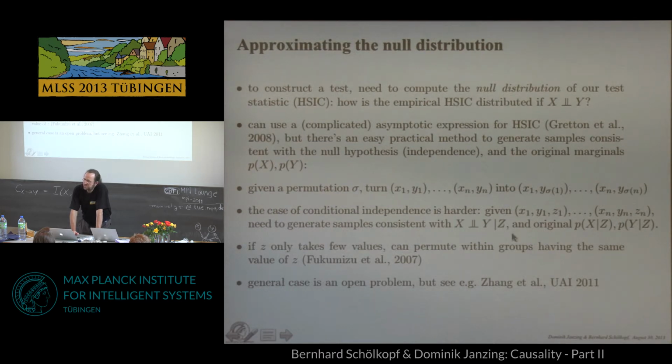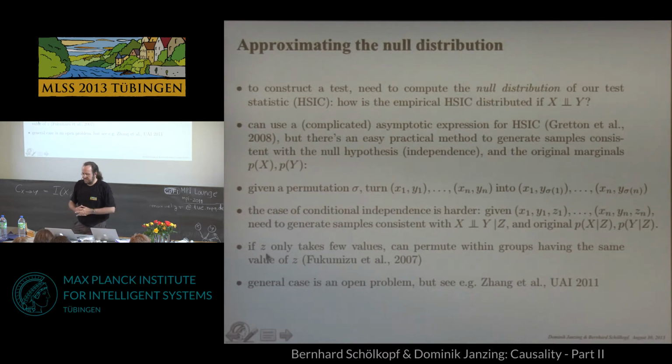But previously we wanted to do it without changing the marginals. This time we want to do it without changing these conditionals, because the question of conditional independence is the question of whether we can factorize into a product of these two. So that's harder. One way to do it is if z only takes very few values, then we could just permute within the groups, and that would satisfy this.